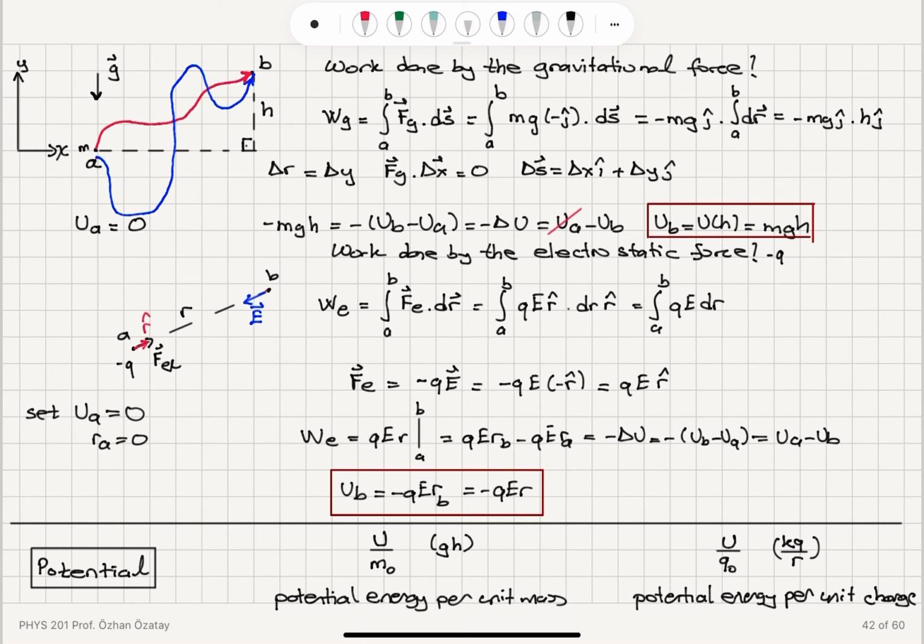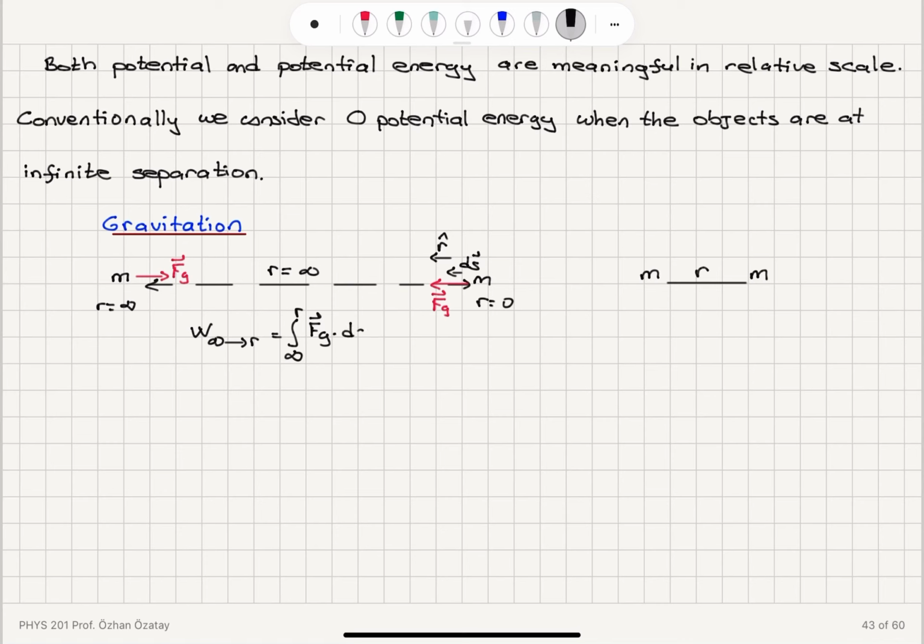So this is the integral from infinity to r of the gravitational force Fg dot ds. I'm calculating the work done by the gravitational force, not by an external agent. Since r hat is pointing in this direction, and my mass is being brought towards the mass m.